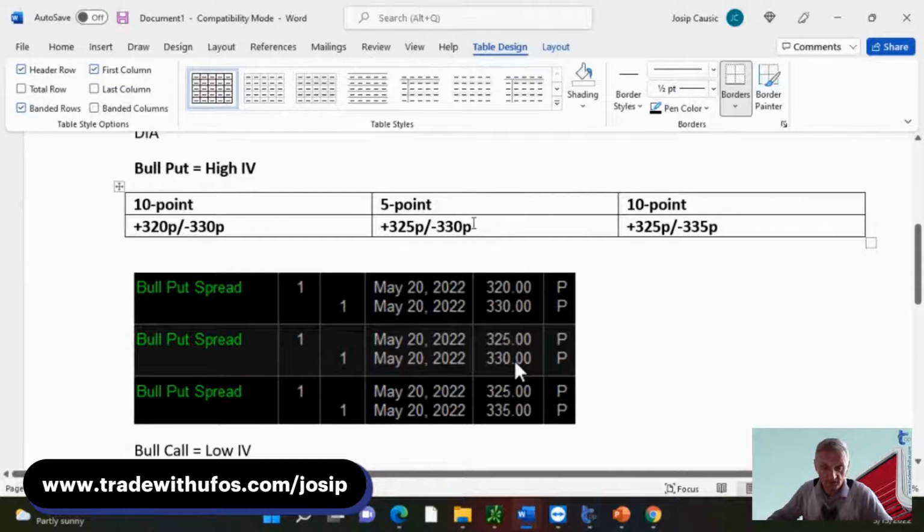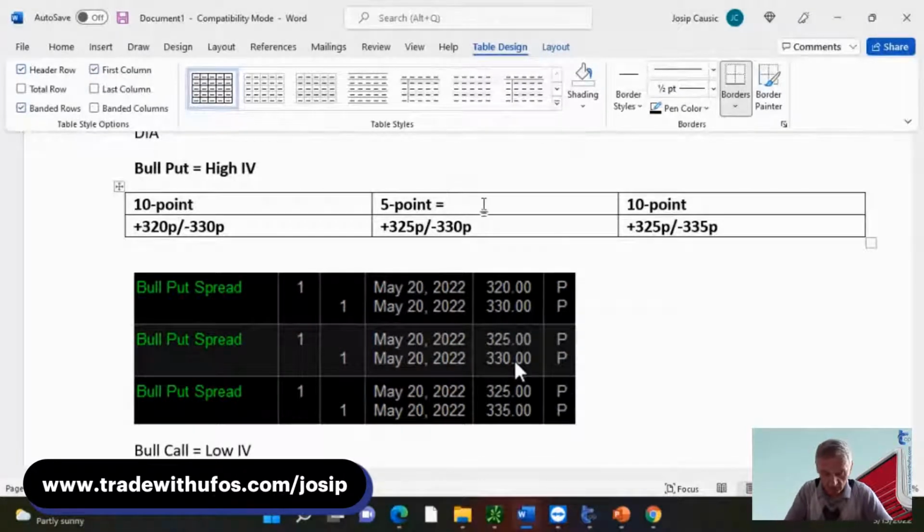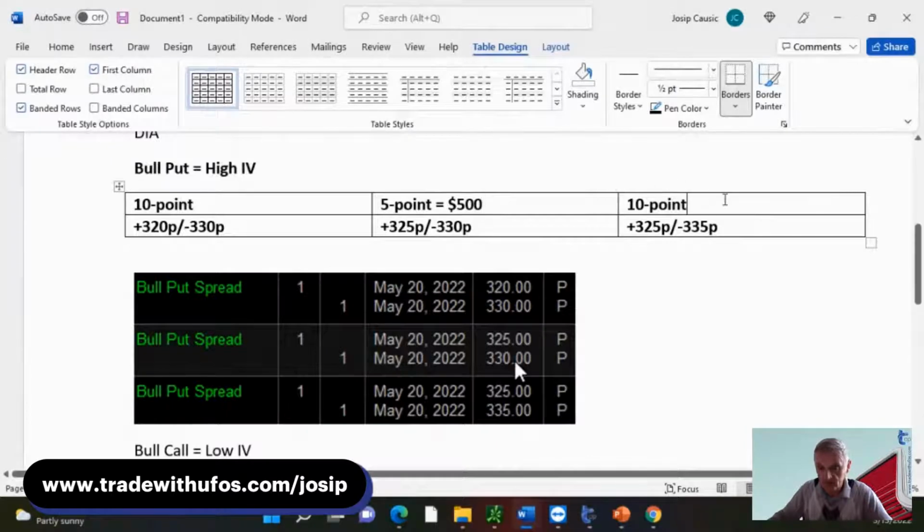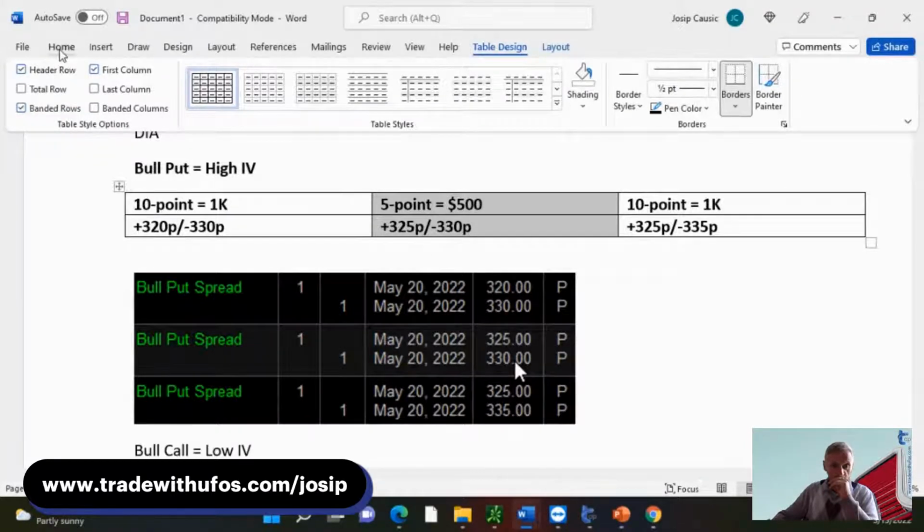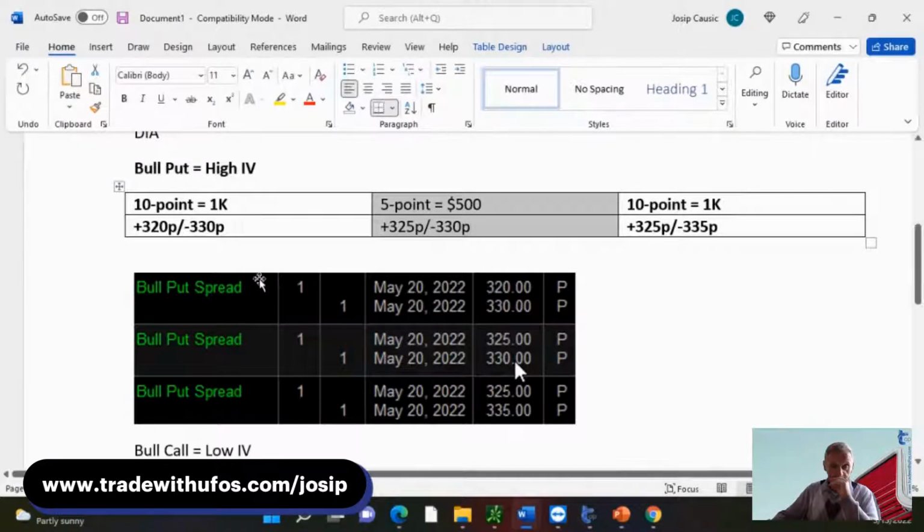And of course, that means there's less outlay of capital. On this one, we will be looking at an outlay of capital of about $500. On the others, each of these trades would be tying up $1,000. So be aware that although these two trades are different from the one that I'm going to make sure is not bolded, they are 10 points wide.